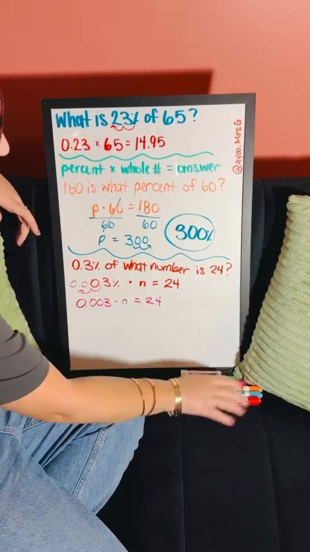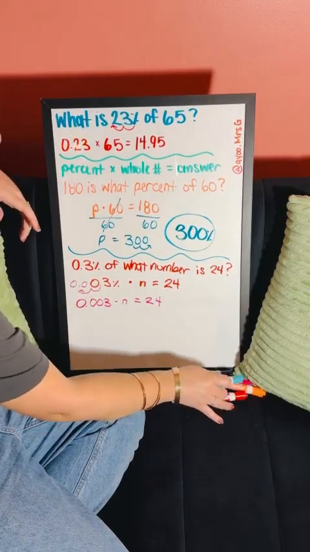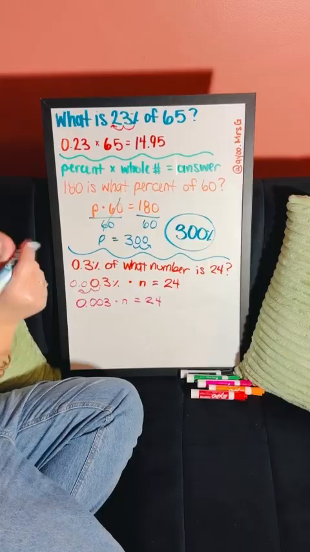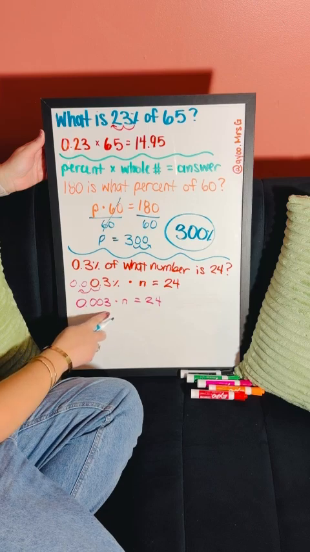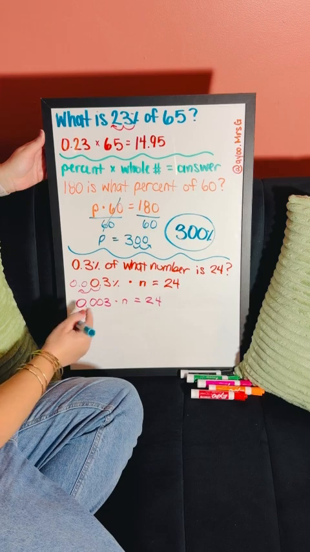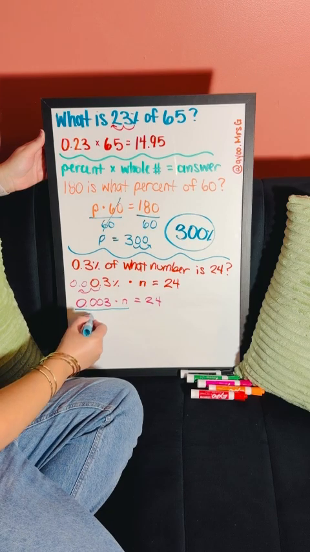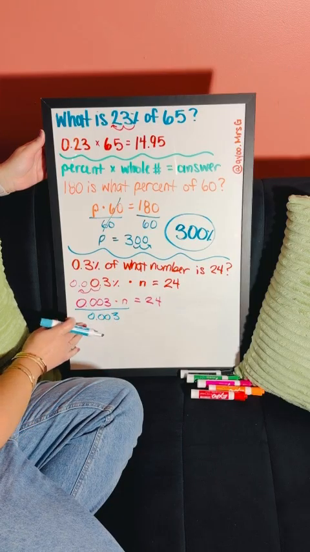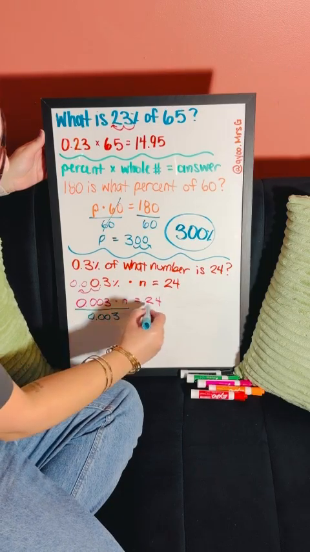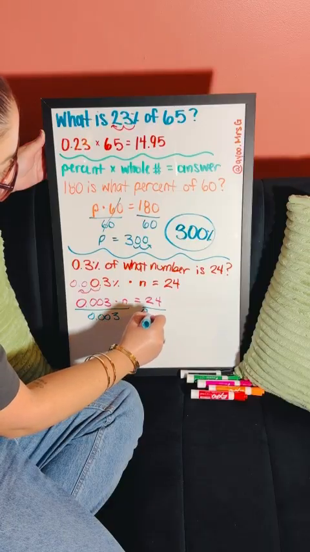And now we ask ourselves again, what is our goal? Isolate the variable. What is our variable? N. What is happening to our variable? It's being multiplied by 0.003. And the opposite of that would be to divide it by 0.003. Right? And whatever we do to one side of the balance, we do it to the other side.